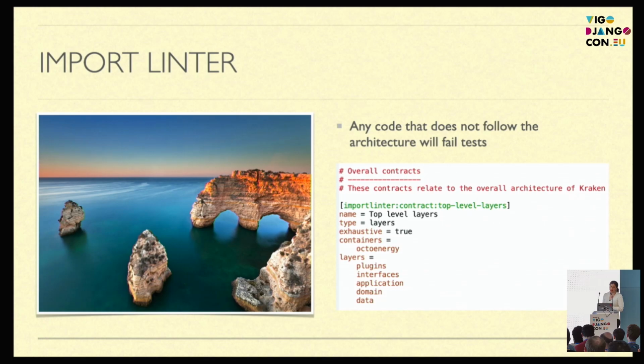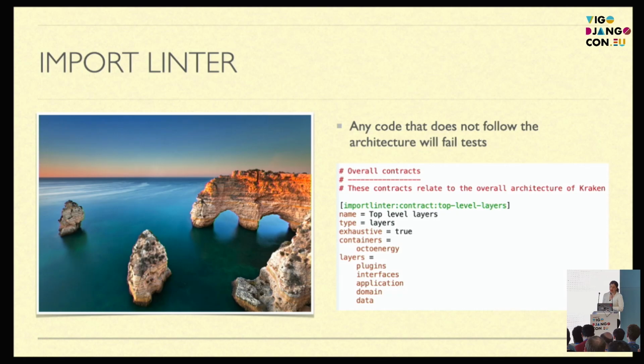For example, here, if you can take a look, the type is layers. The layers contract type allows you to check dependency direction from high to low, ensuring proper layering. It has other types, but I'm not going to go into detail now.